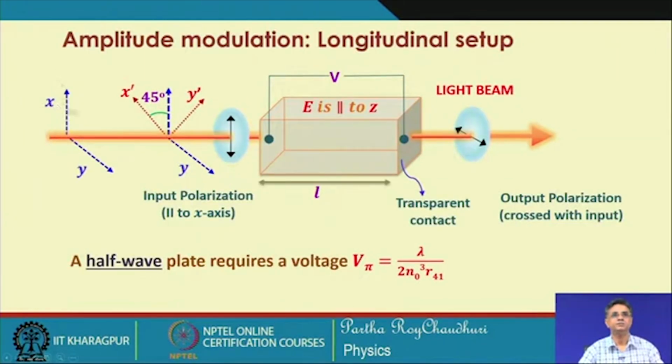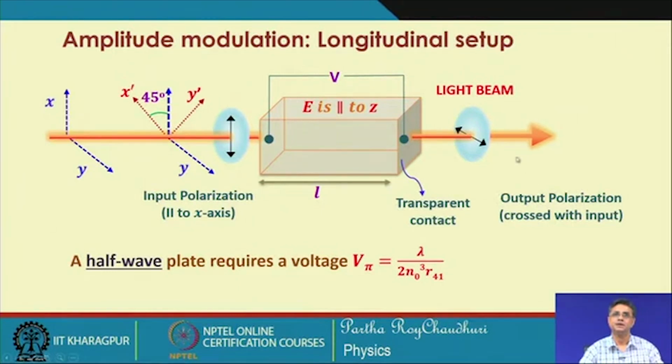So, in that case, we have light which is polarized along this thick blue dashed line, and you have a crossed polarizer working as an analyzer.